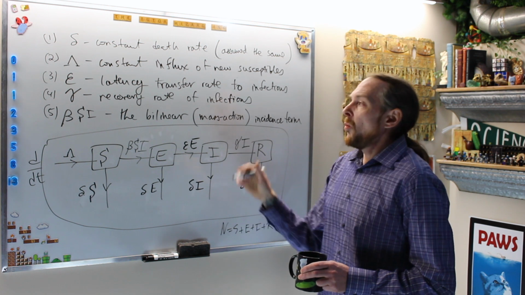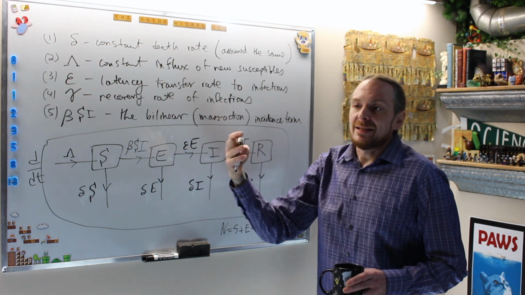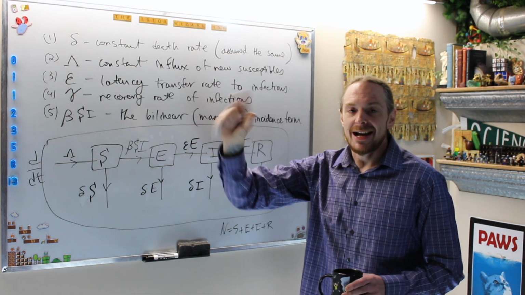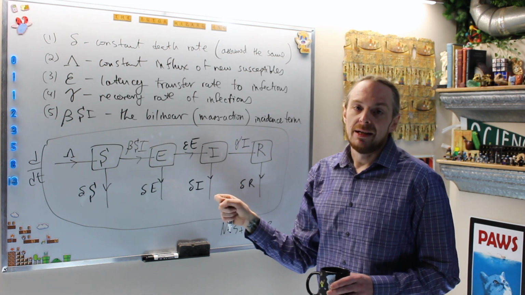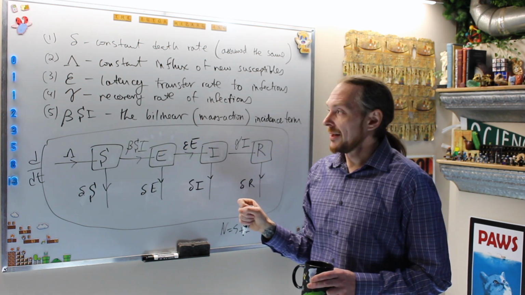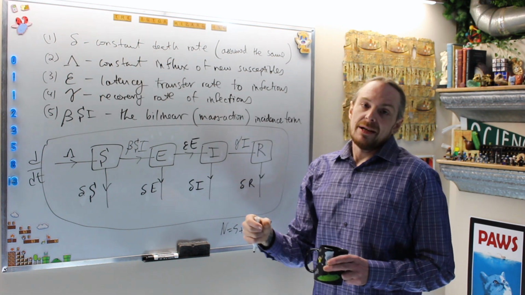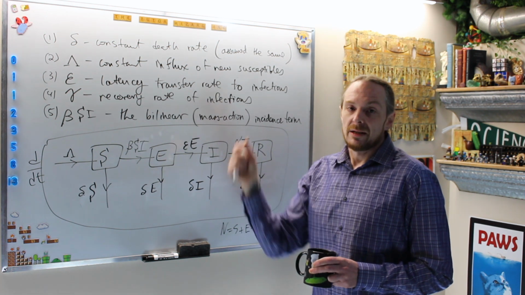Basically what that means is 1 over epsilon is the average latency period, so 1 over epsilon is the average period of time for which you would be infected, but you can't infect anybody. And then you will transfer into this category. 1 over gamma is the average infectious time, how long you would be on average infected with the coronavirus.